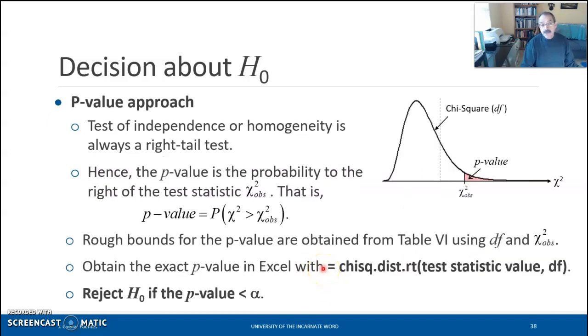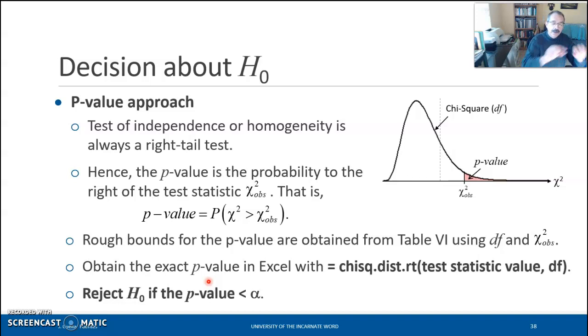If you decide to use the p-value approach, again, we have a right-tail test, and the p-value is the probability to the right of the value that we calculated for the test statistic. That's what is shown in this figure. Again, from table 6, all you can find are rough bounds for the p-value.